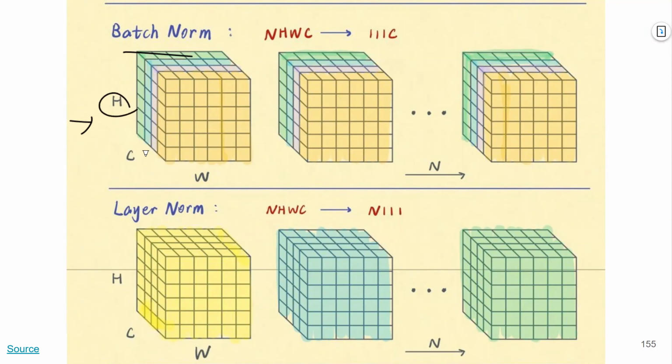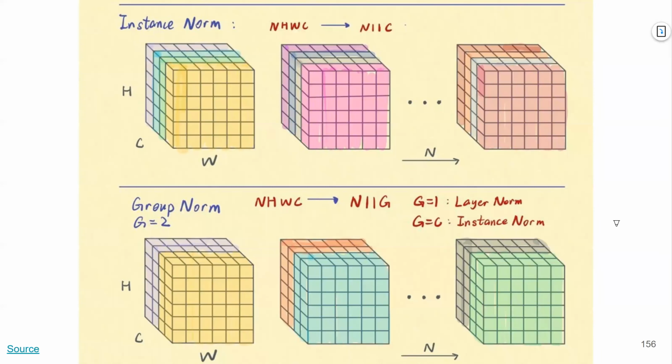So each image becomes H by W by C because we have RGB channels. And you can see the colors here. And N by H by W by C becomes 1 by 1 by 1 by C. And layer norm becomes N by 1 by 1 by 1. You just need to see the color. And for instance norm and group norm, I told you that group norm is the generalization of layer norm and instance norm. So when G equals 1, it is equivalent to layer norm. And when G equals C, it becomes instance norm.